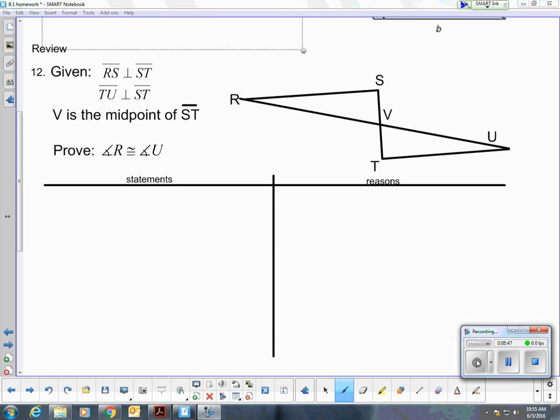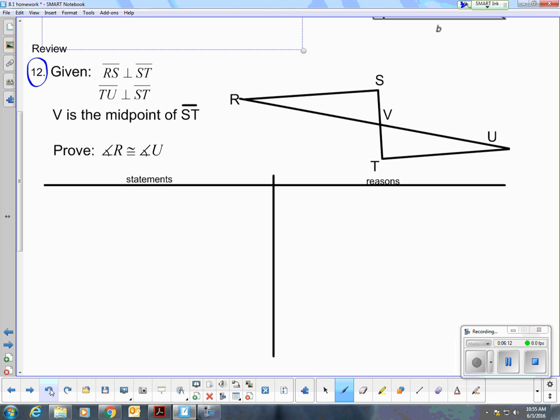And in number 12, we have a proof in trying to determine that angle R is congruent to angle U. The first thing I need to prove is that triangle RSV is congruent to triangle UTV. So before I can prove that the parts that correspond are congruent, I have to first prove that the triangles are congruent.